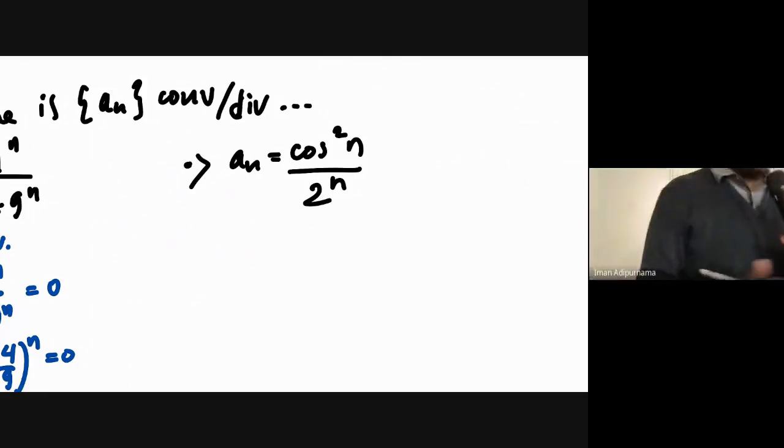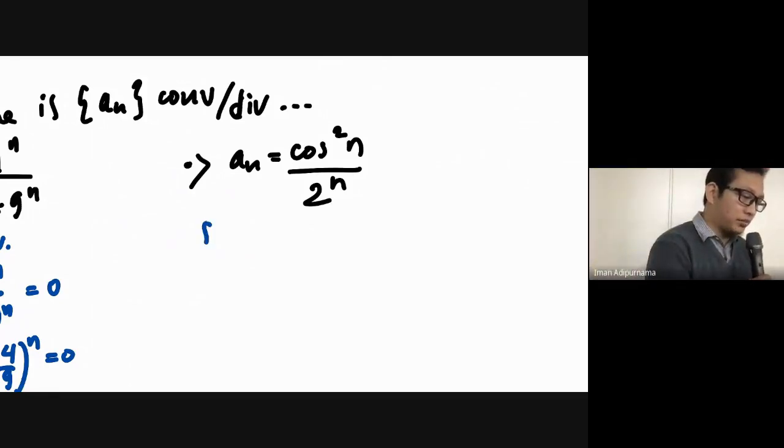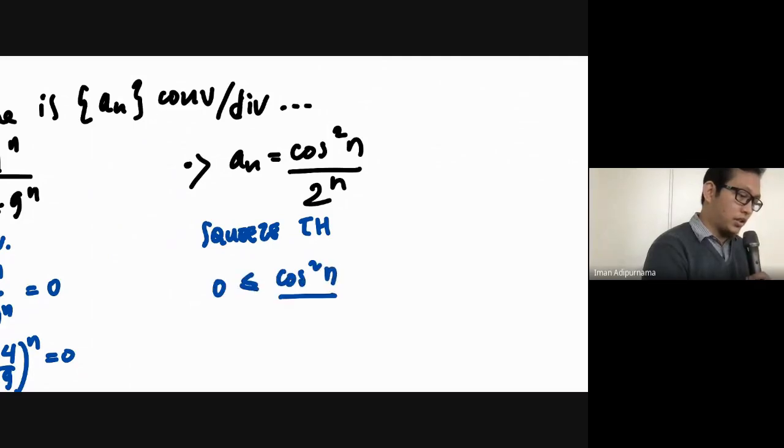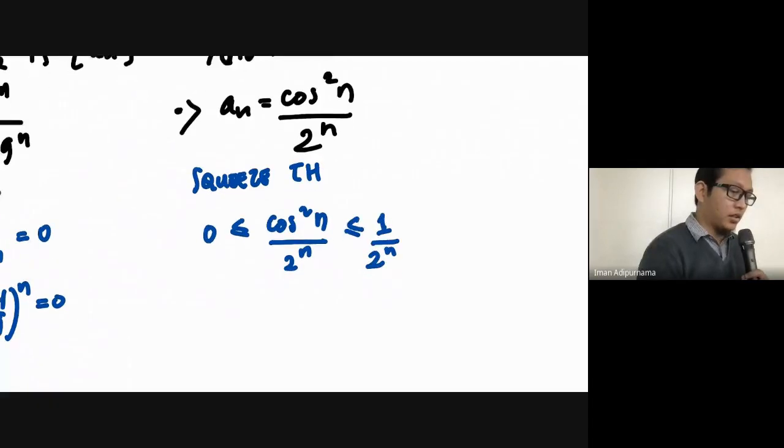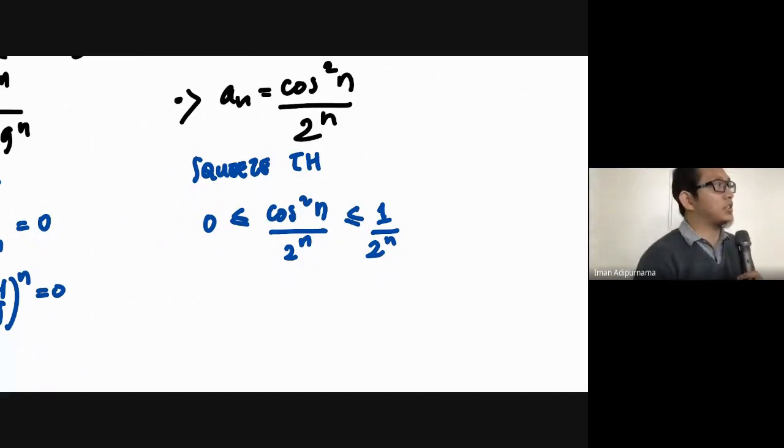So to solve this, we can use the Squeeze Theorem. We can start with writing down the inequality and prove that because cosine has a maximum value of 1, it should be true, right?